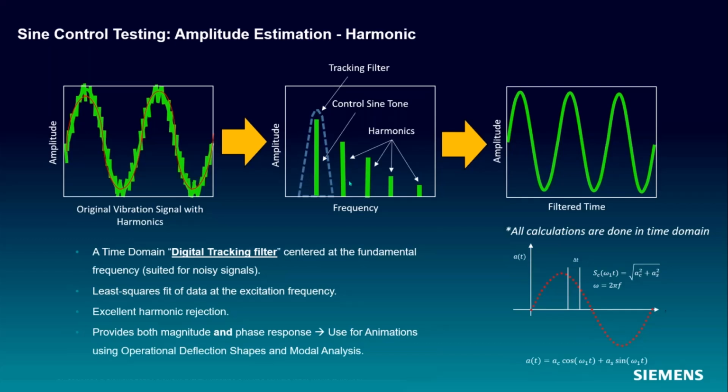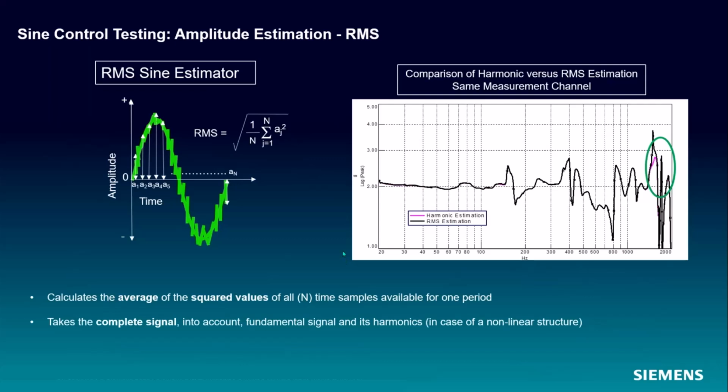And what that does is it suppresses all the harmonics and turns this noisy signal into a nice clean sine wave. And then we can pull the amplitude directly from this filtered data. Okay? But what if I am concerned about the noise?